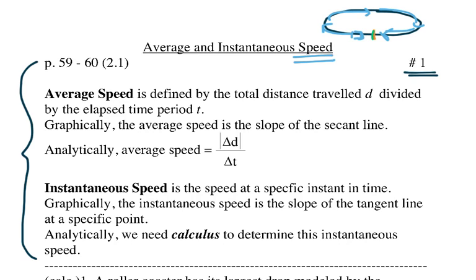Now, the average velocity of the car would be 0, because the car started in one position and it ended in that same position. So in essence, it didn't travel anywhere. But we know its average speed was not 0.